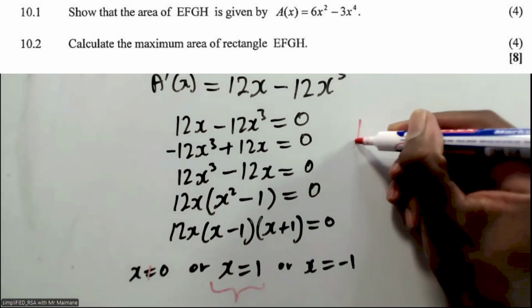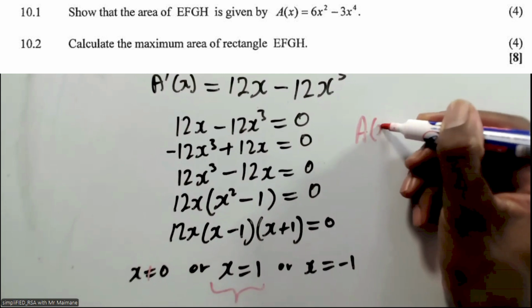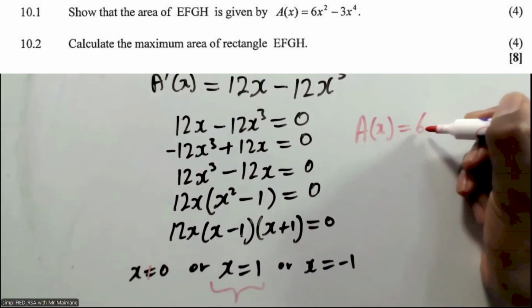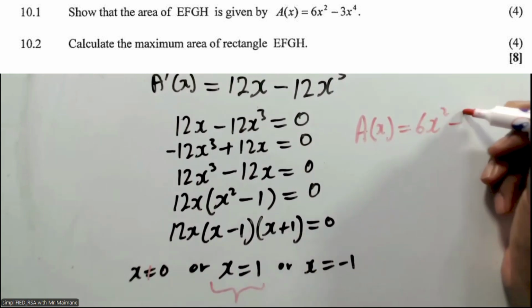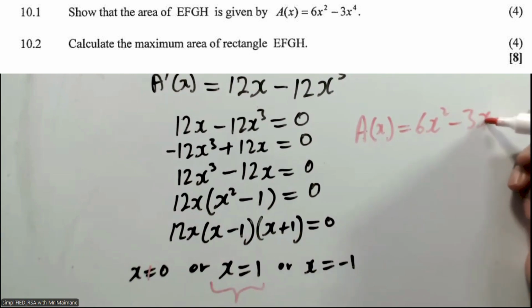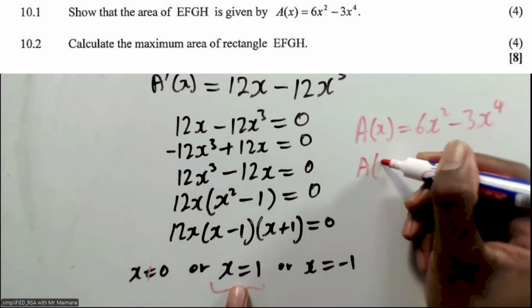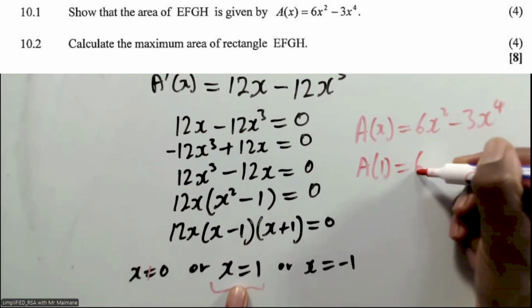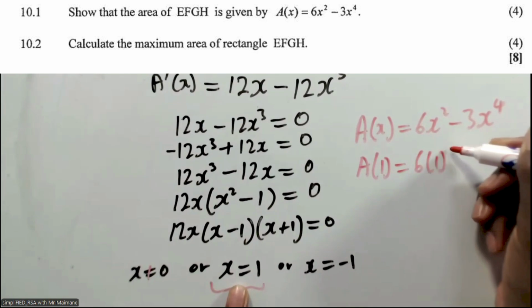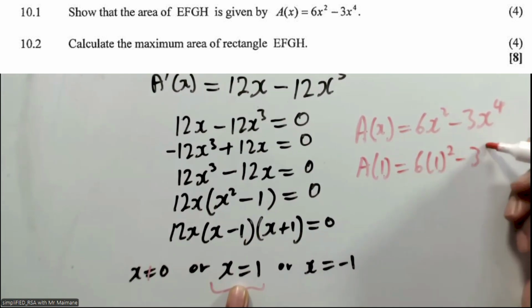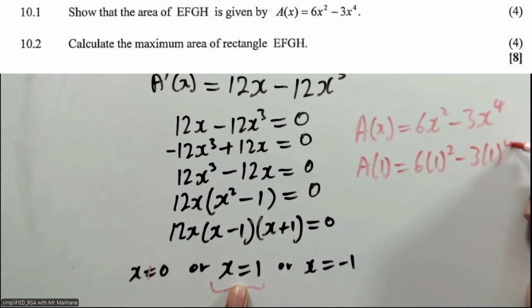So I will then go and say A(x) is equal to 6x squared minus 3x to the exponent 4. Therefore, what would be A(1)? A(1) would be 6 times 1 squared minus 3, I put the 1 there, to the exponent 4.